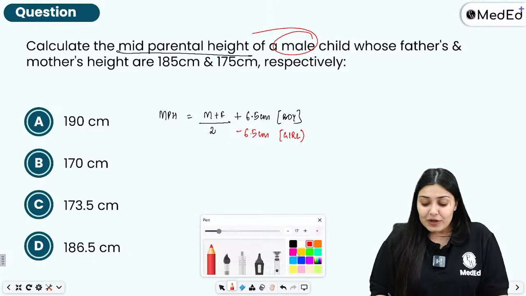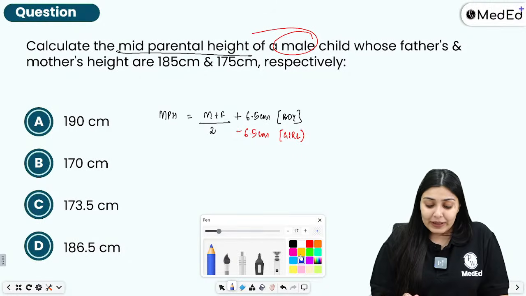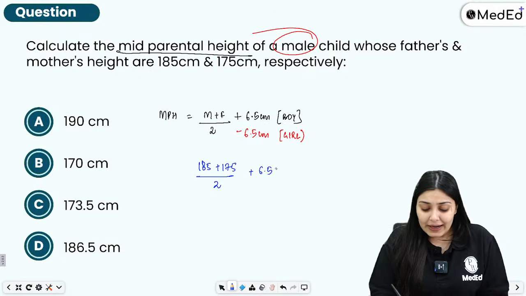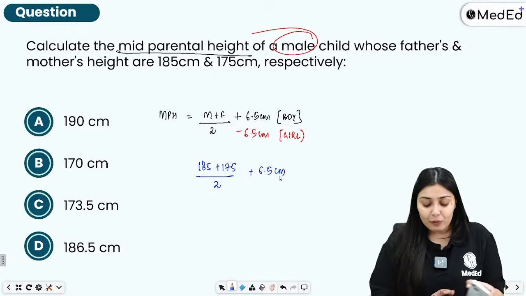So here in this question we have a boy. So for a boy, let's calculate the parental height: 185 plus 175 divided by 2, and we have to add 6.5 centimeter.